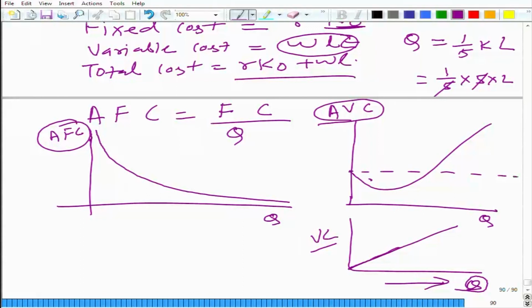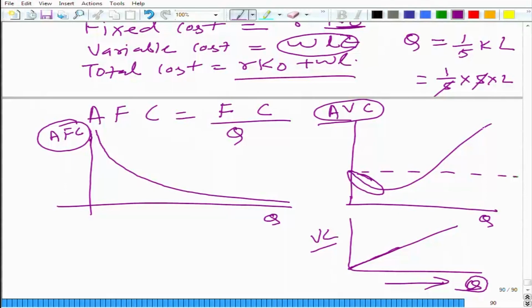But remember why it is decreasing here? Because in the beginning, as we have already discussed, we typically get increasing return to scale, then constant, and then decreasing return to scale. So, that is what is reflected here.